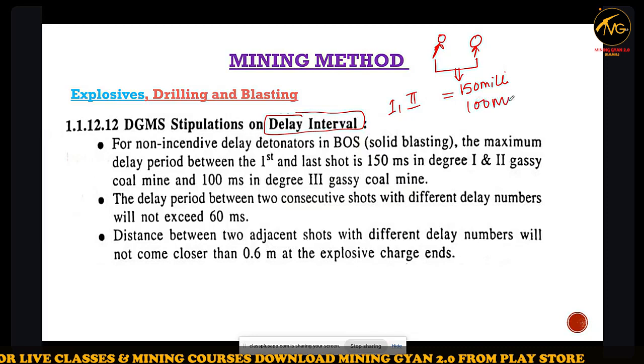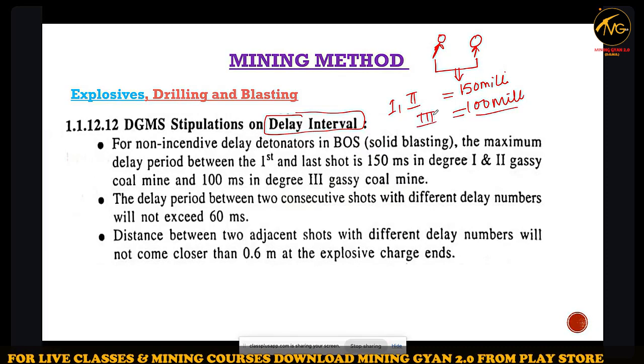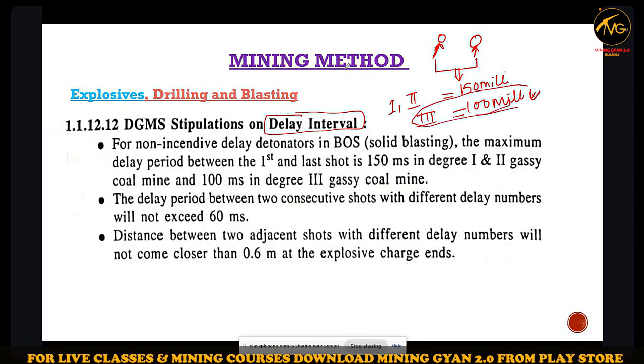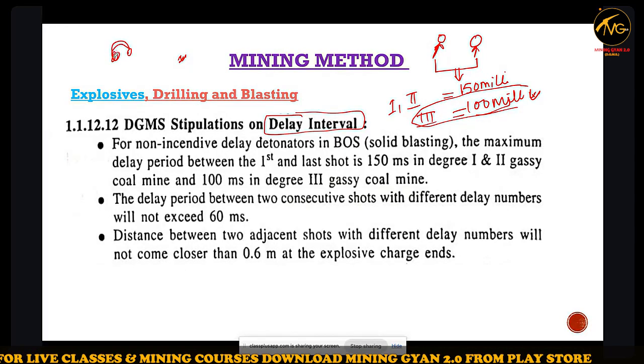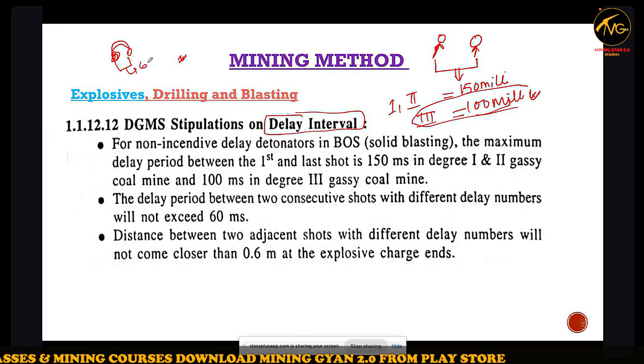It should not be more than 100 millisecond in degree third. Then we have also discussed that if two consecutive shots, then their delay element should not be more than 60 millisecond.